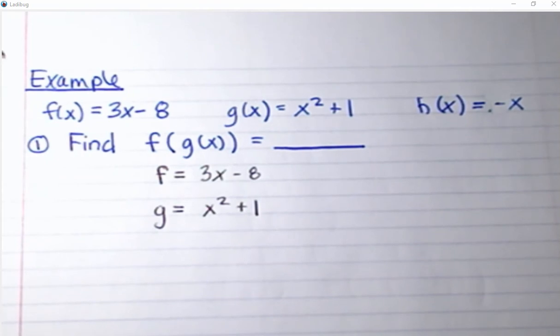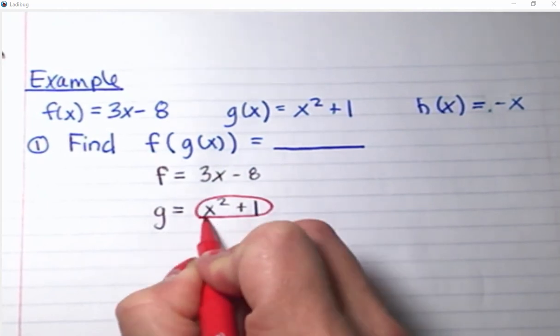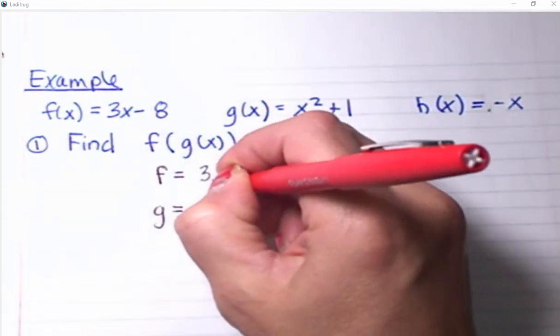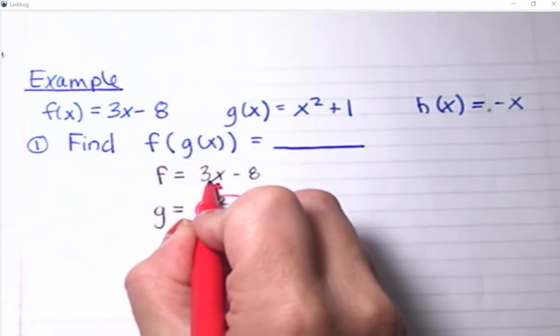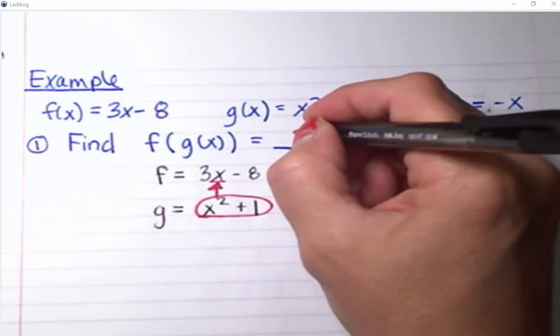Okay, here we go. So I'm going to circle g, and I'm going to arrow it up to the x. That's where I'm arrowing it, right there, because composition is substitution or replacement. This is what it's going to look like.